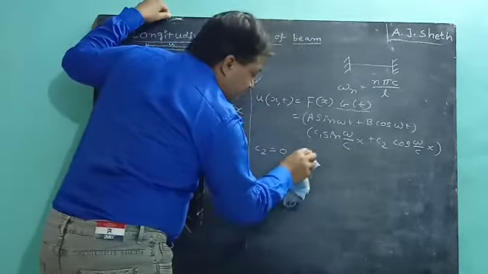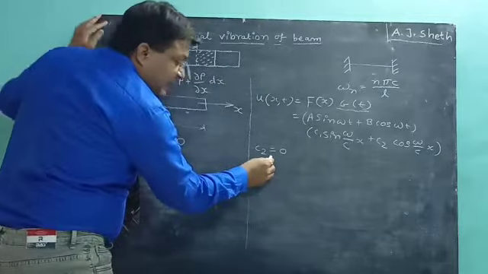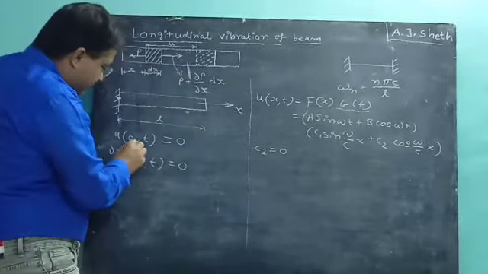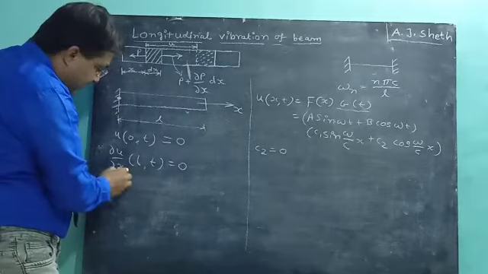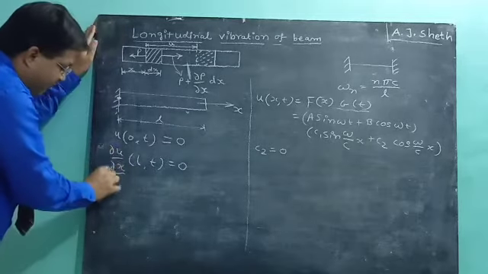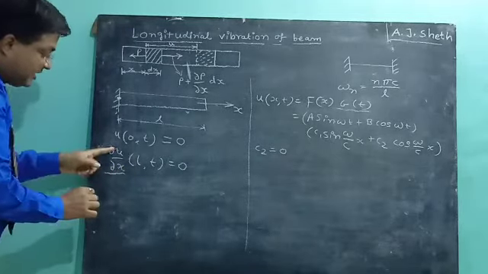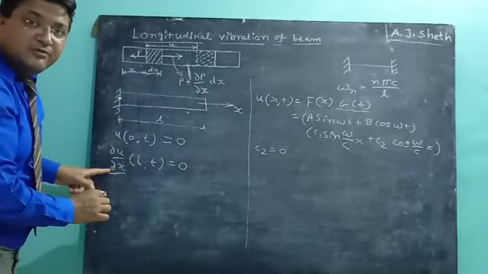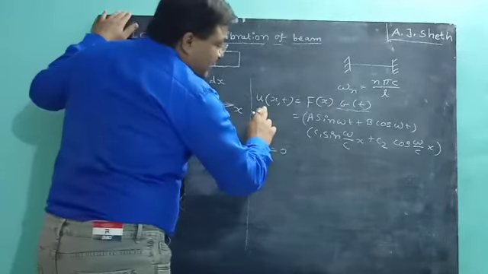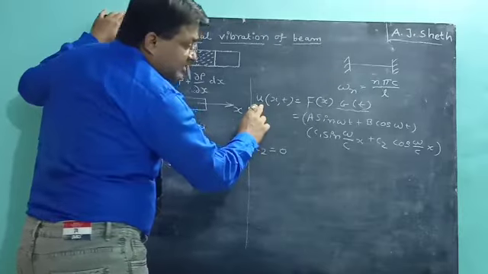Now this is what we are getting with the help of the first boundary condition. To apply the second boundary condition, first of all we are supposed to partially differentiate it with respect to x.